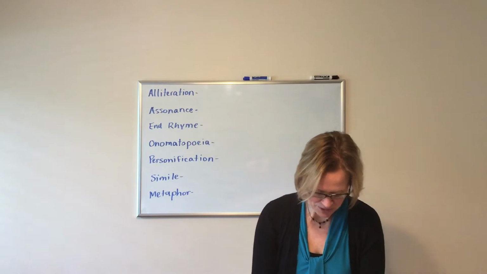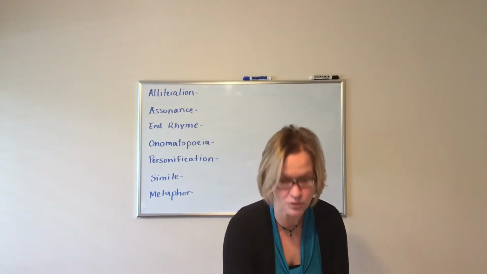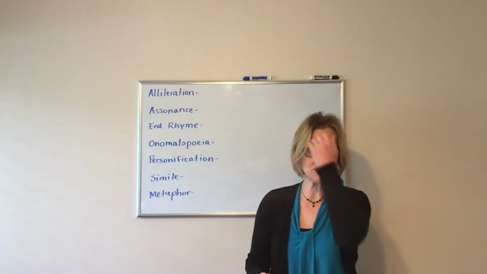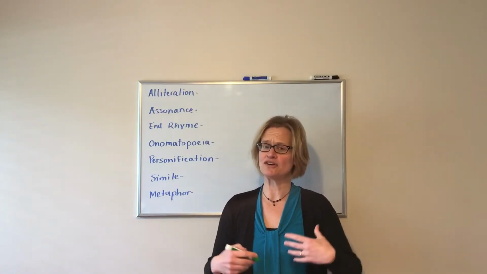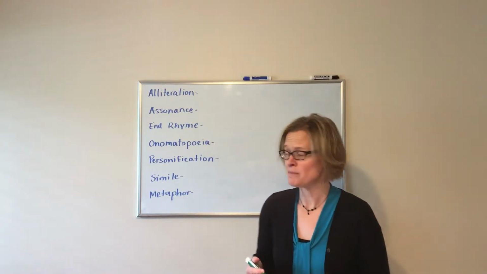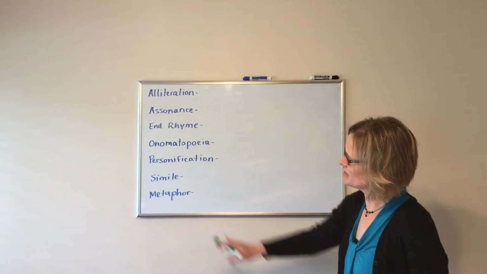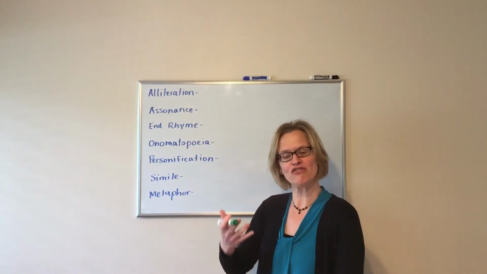So we are going to work with poetry today, and we're going to work with some basic elements. We're going to do some different types of poetry throughout the week, and then you're going to do some of your own examples. But for the sake of today, we're just going to look at some of the things that poets use to help make poetry flow.